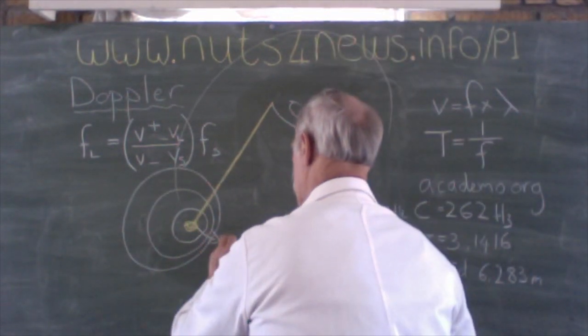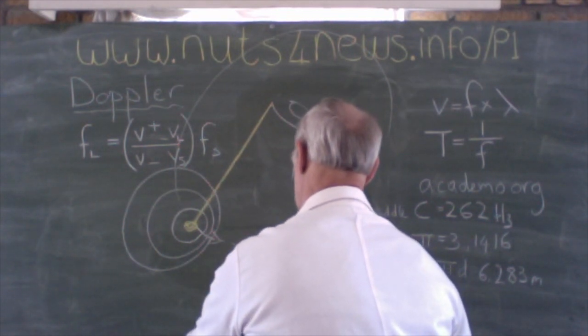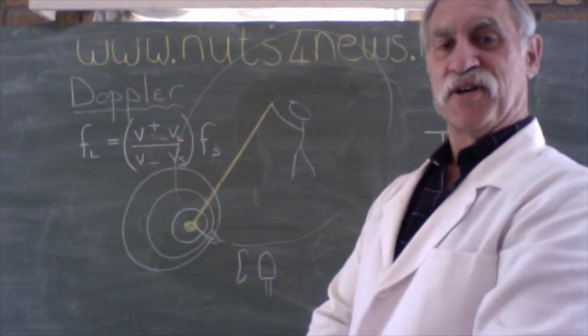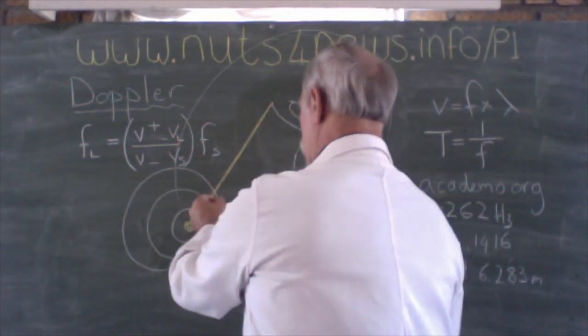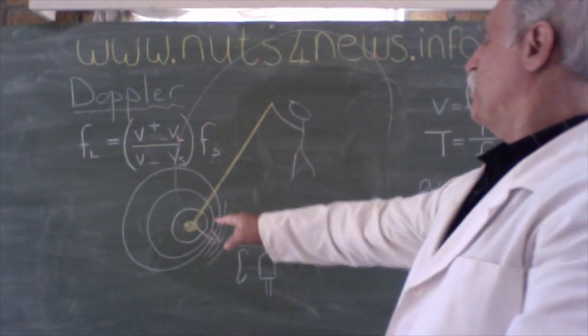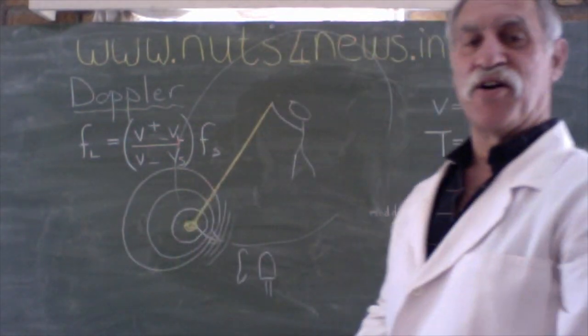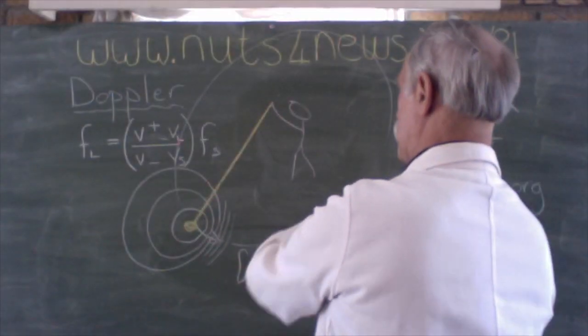Let's suppose here's my ear, or let's suppose it's a microphone of the computer. The ripples are squashed together on the side where it's coming towards us and spread apart on the side going away from us.